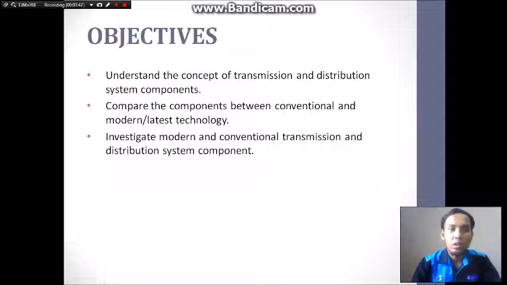And the third, the last one, is to investigate modern and conventional transmission and distribution systems. In this task, we go through the old system and a new system, so you can see the difference and which is good for us to use in our opinion.